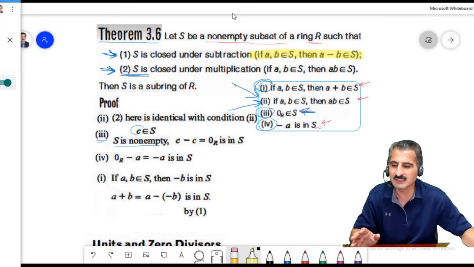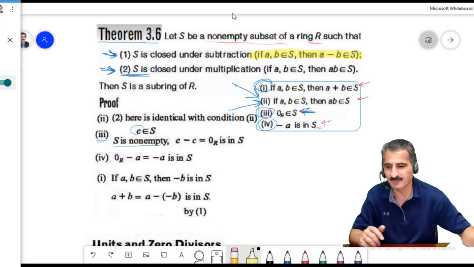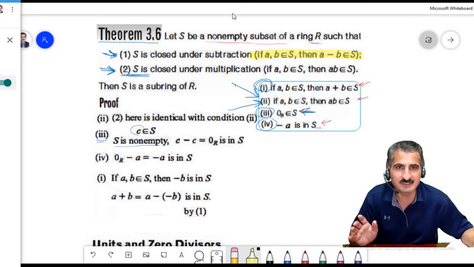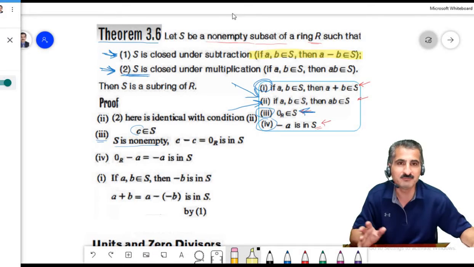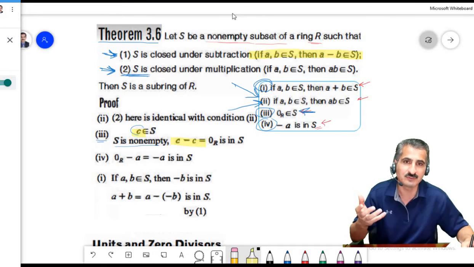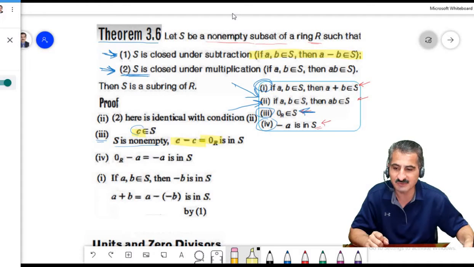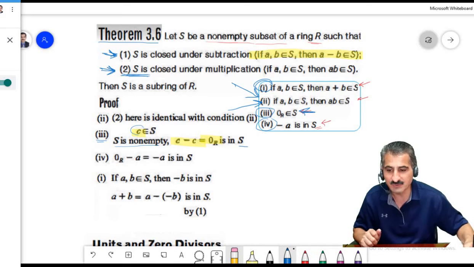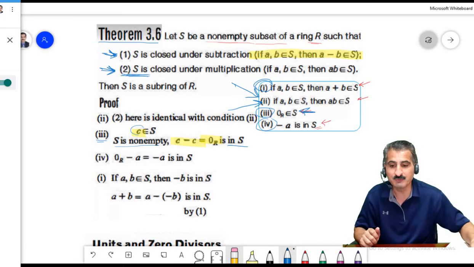It's A added to the additive inverse of B. That applies for any two elements in S, not necessarily distinct. A and B might be the same element. So if we have C in here, then C minus C by condition 1 must stay there, but this gives 0. So C minus C is 0, and it is in S. So we proved 3.